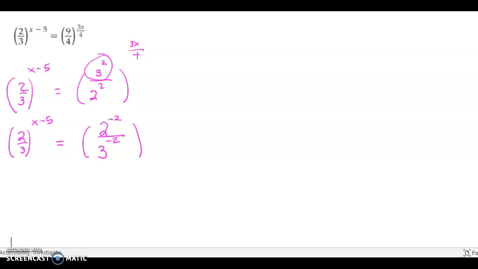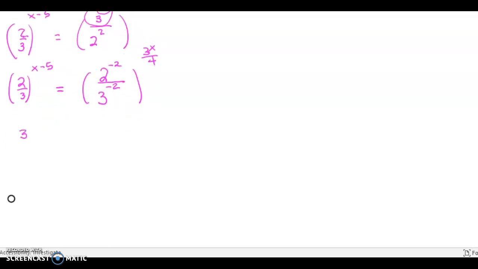This is what we learned yesterday about negative powers, or reciprocals. So I always think of it, if my exponent is positive, if I switch its position, it'll make it negative. And then we have to the 3x over 4 power.